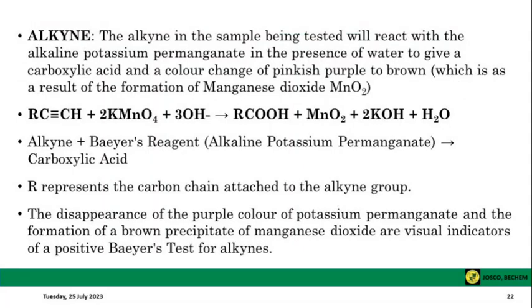For alkynes, we are going to also test it with potassium permanganate, that is alkaline, also in the presence of water. For our product, we are going to have carboxylic acid as well as the formation of manganese dioxide.